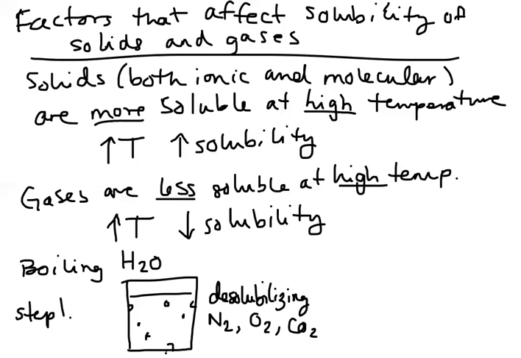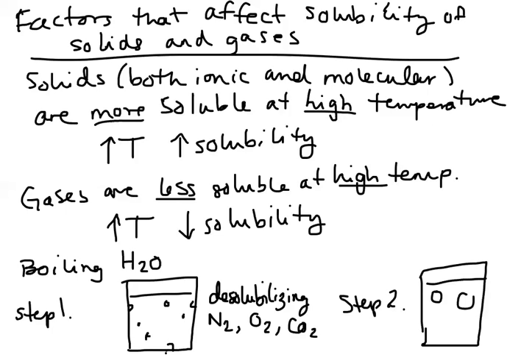Step two, when things actually start boiling, that is when you have put in enough heat to induce a phase change in water. So those large bubbles are actually water vapor. So step two is you see big bubbles. That's H2O phase change.